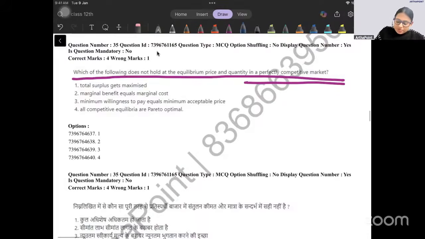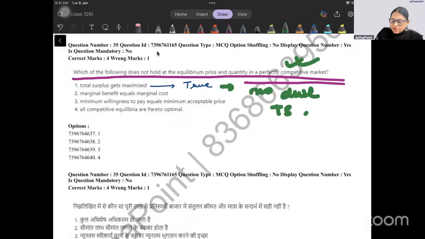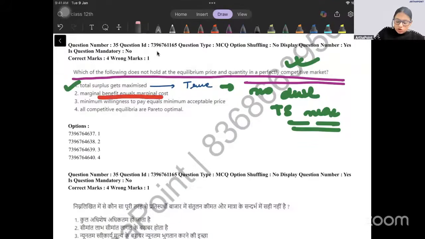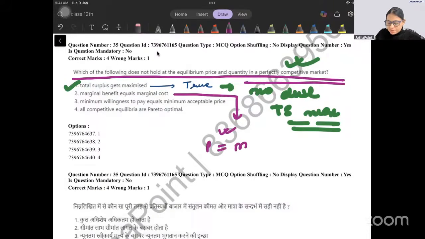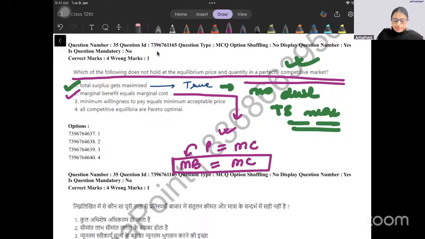Total surplus is maximized. ये तो true है बेटा. क्योंकि in perfect competition, you always notice that there is no deadweight loss. माने total surplus is maximum. This is correct. दूसरा देखते हैं, marginal benefit equal to marginal cost, ये भी correct है. Right? So because price is equal to MC and price comes from demand curve, marginal benefit and marginal cost are always equal. ये भी correct है.